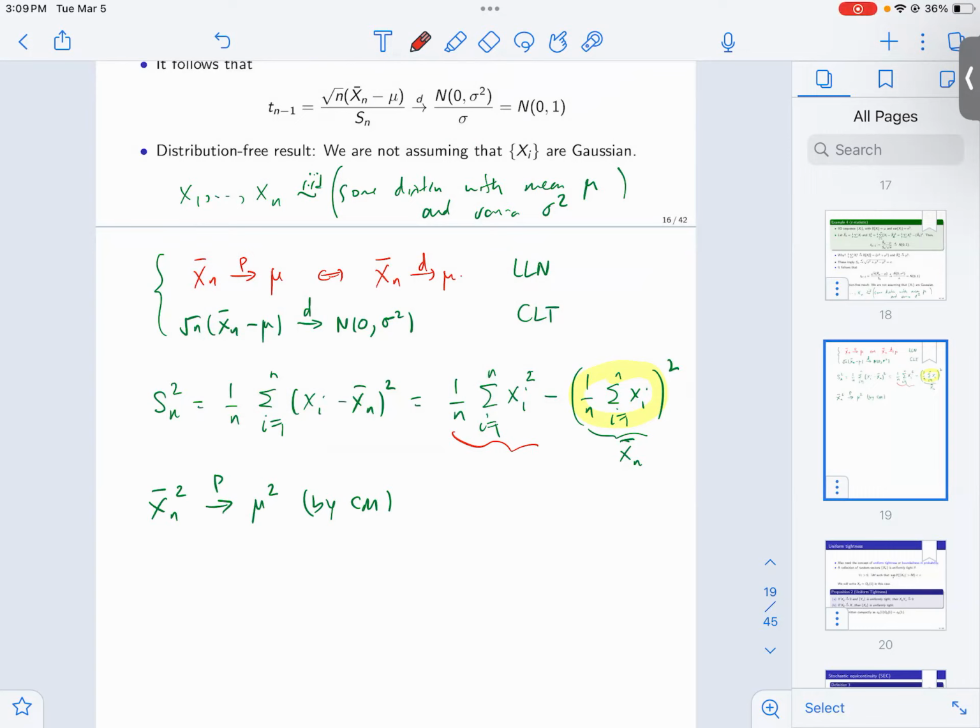What do we know about it? Can I invoke some result? First argue rigorously what this converges to. It's an average.